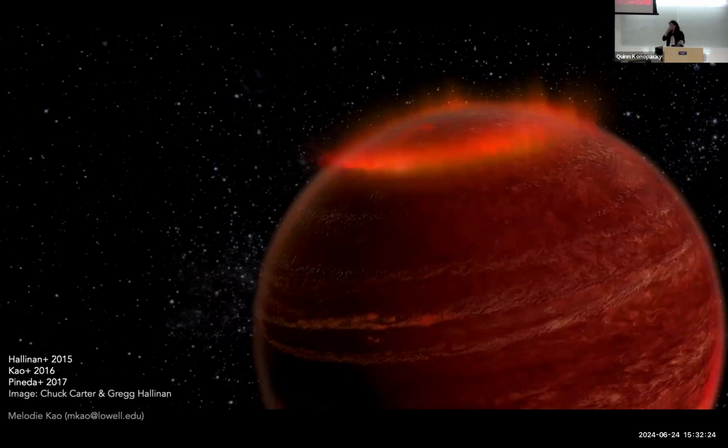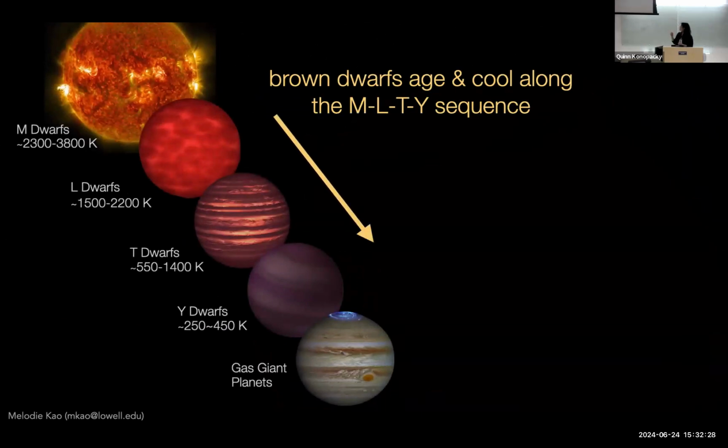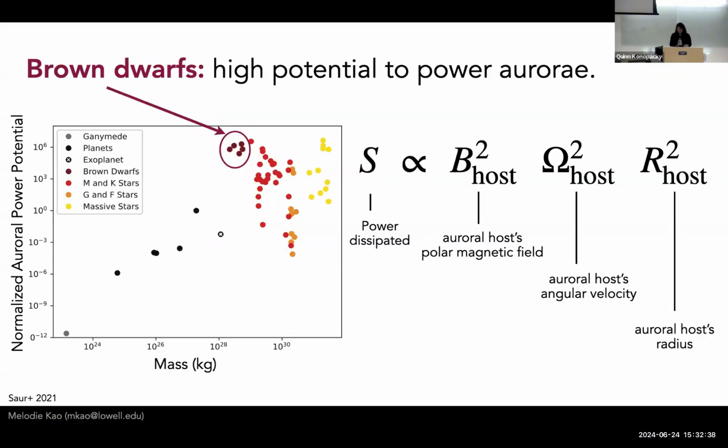So we do have brown dwarfs. Brown dwarfs bridge the gap from stars all the way down to gas giant planets. You can think of them as exoplanet magnetic analogs, just as they are similar to being exoplanet atmosphere analogs. Brown dwarfs also have the highest potential to power aurorae, just because they have very strong magnetic fields.